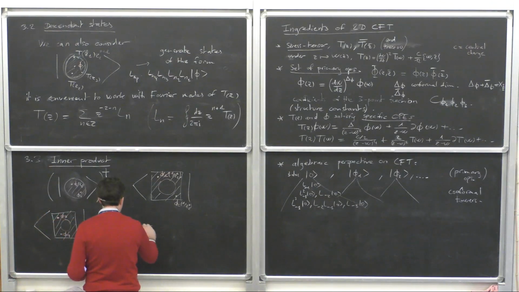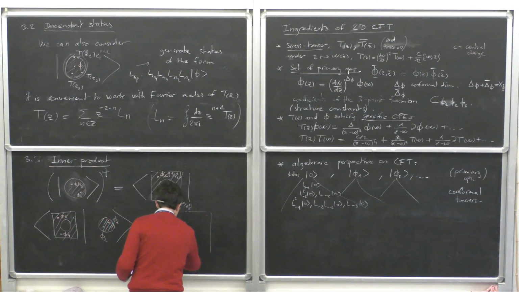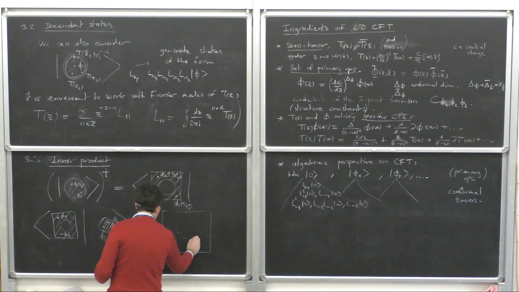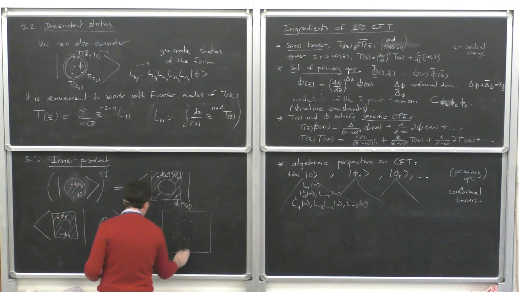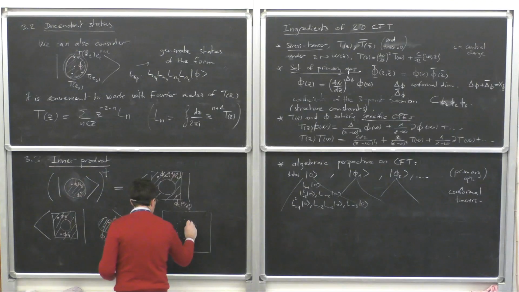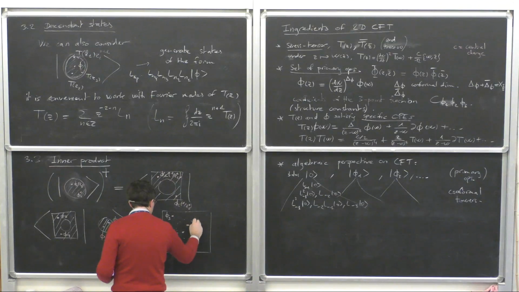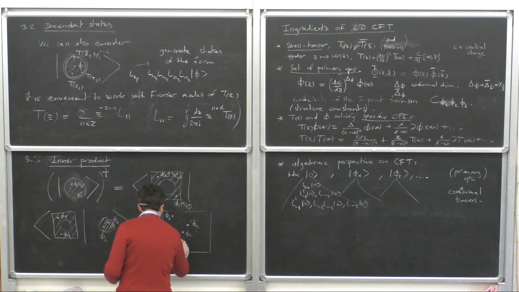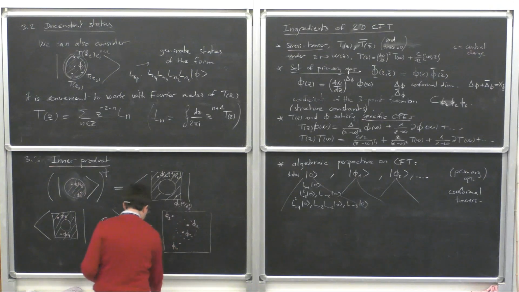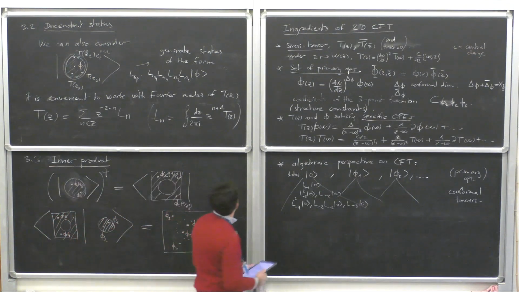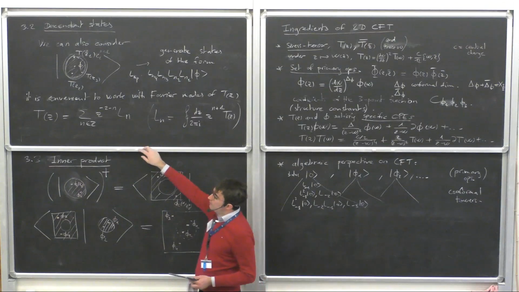We want this to be the correlation function in the full plane, where now we have integrated everything out, and we have some fields phi1, phi2, phi3, phi4. Okay, so that's what we want about our inner product. That's what we want. We want it to do this.